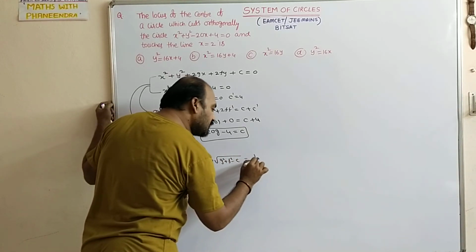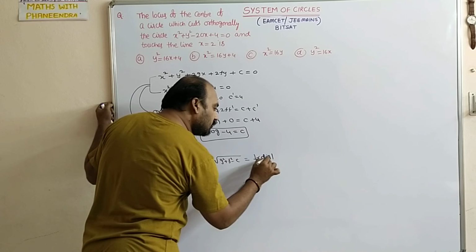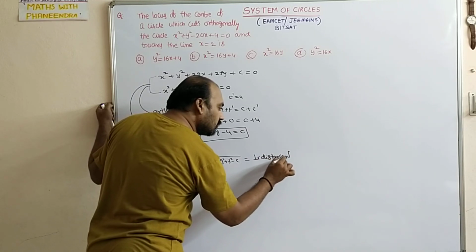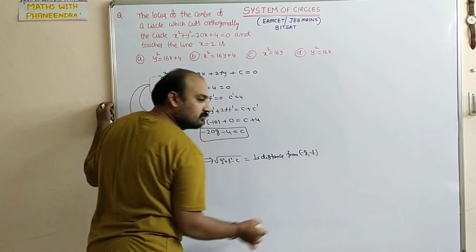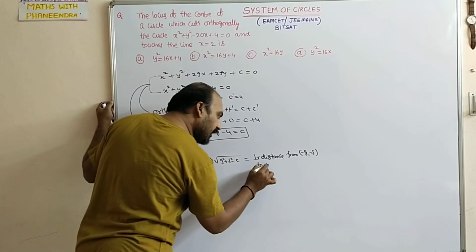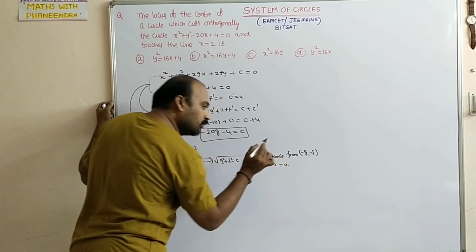So the perpendicular distance from the center (−g, −f) to x − 2 = 0.